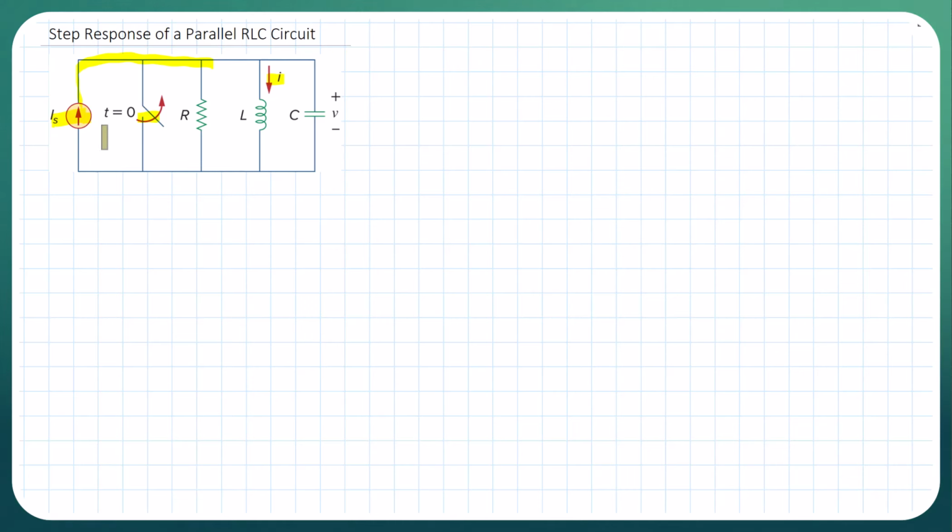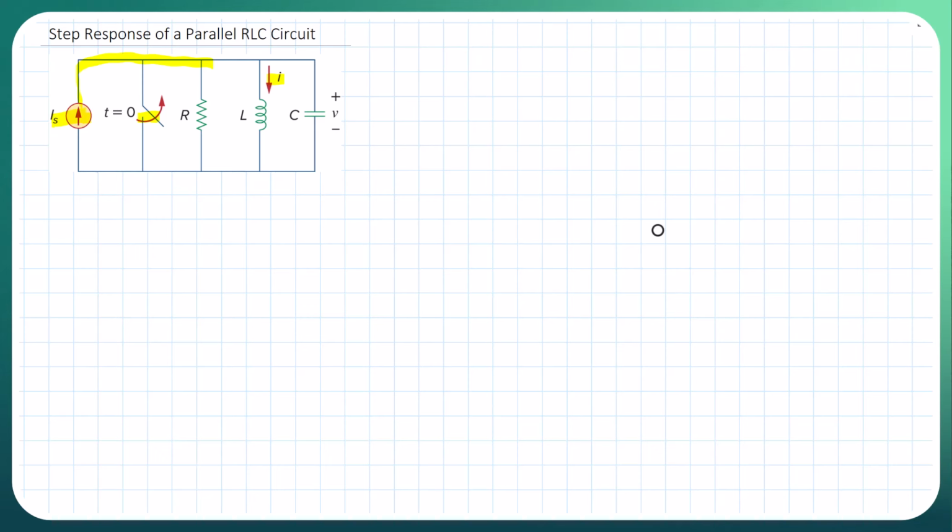When the switch is closed, the current is essentially going through this short circuit and no current is reaching the RLC components. So we want to look at the sudden application of a DC current on this parallel RLC circuit. So let's come up with the equations here.